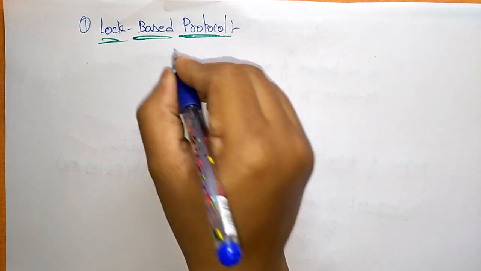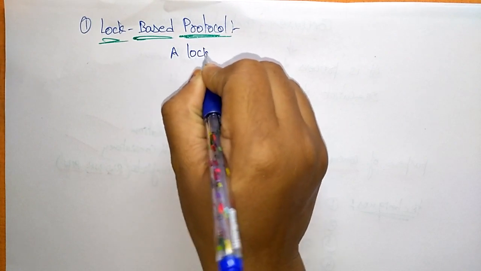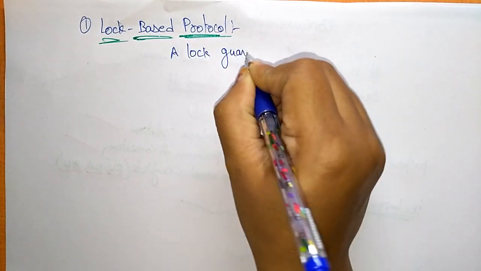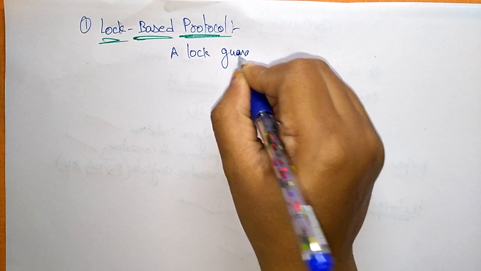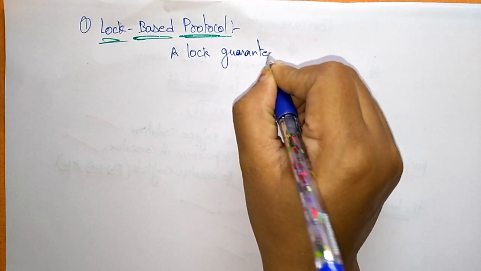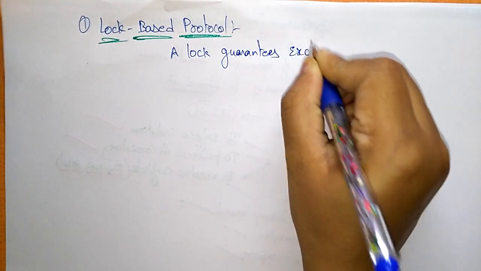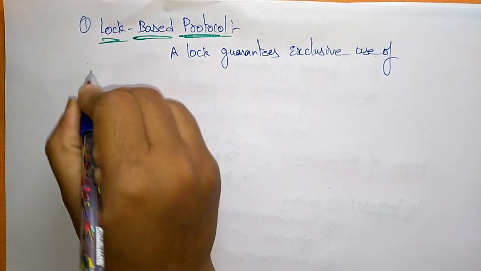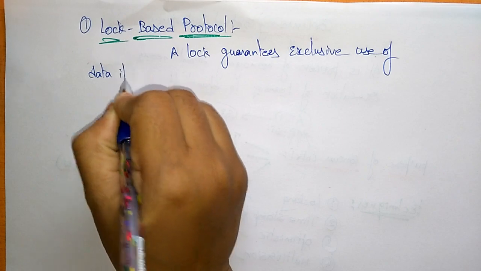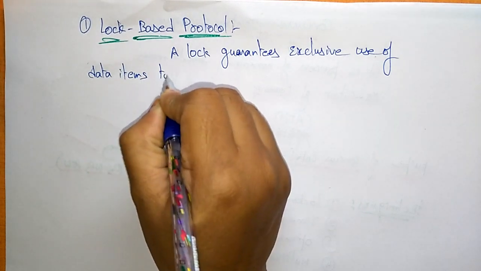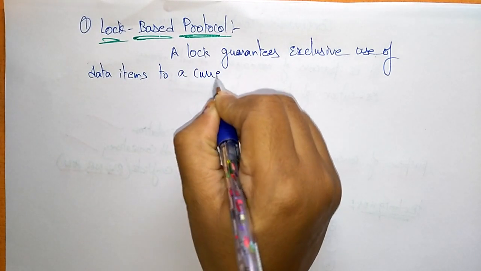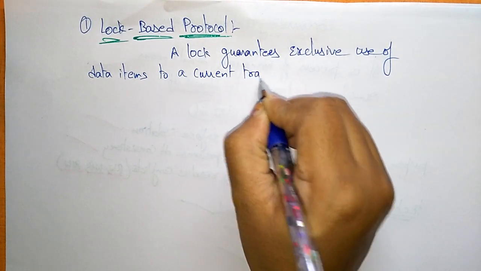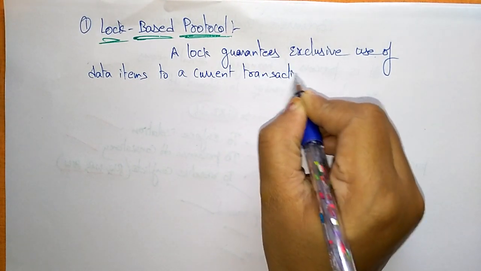Okay, so a lock guarantees exclusive use of data items to a current transaction. So that is the purpose of using the lock.